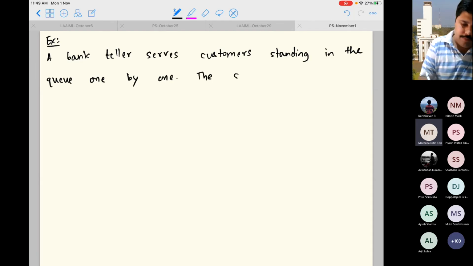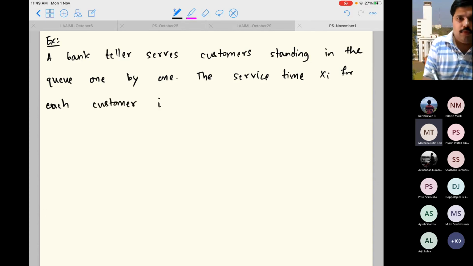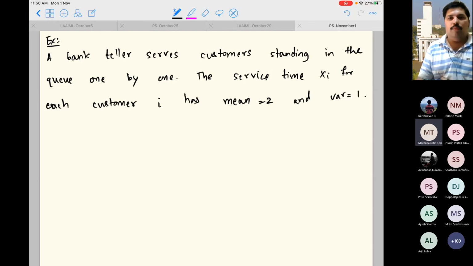The service time xi for each customer i has mean 2 and variance equal to 1.